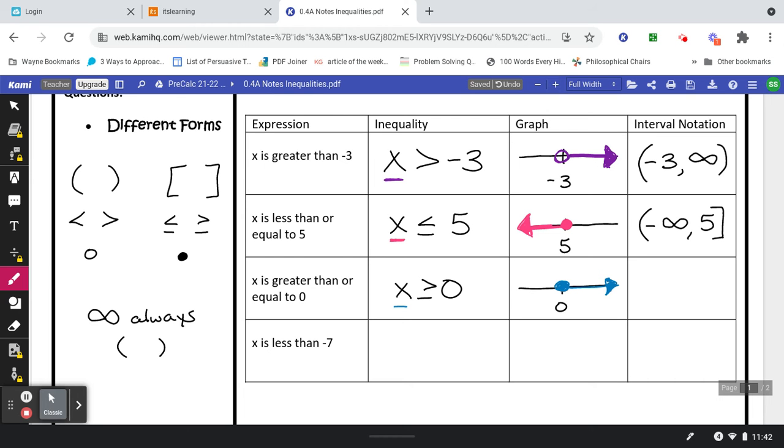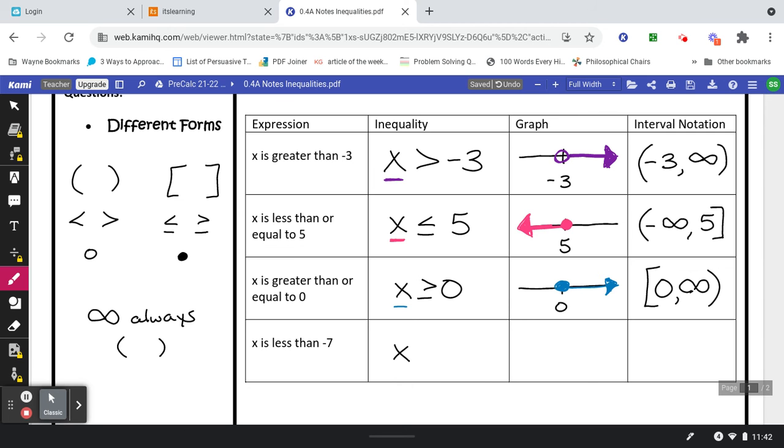And then our interval notation is going to go from 0 to infinity: 0 on the left, infinity on the right. Bracket, the closed dot will get a bracket, and infinity always gets a parenthesis.